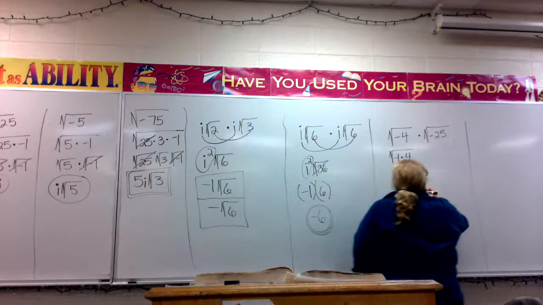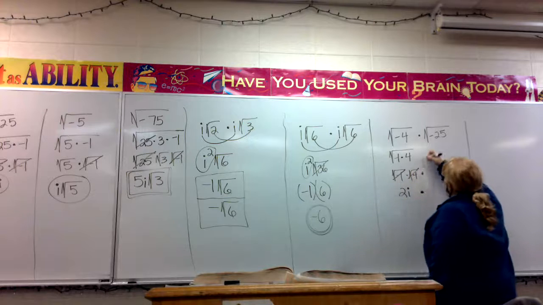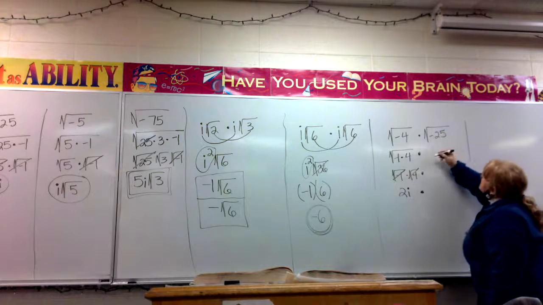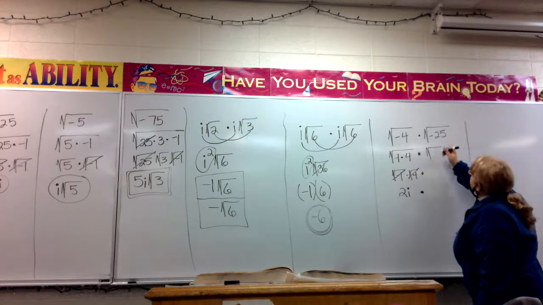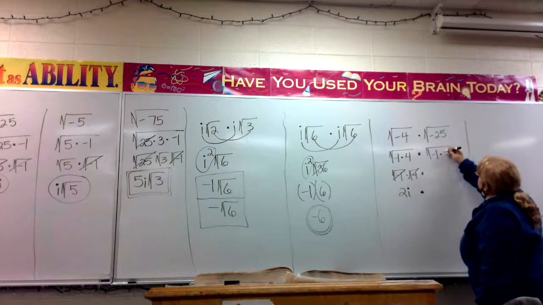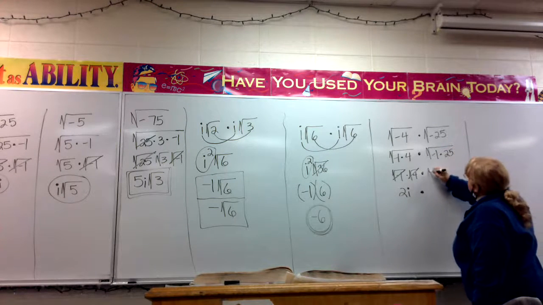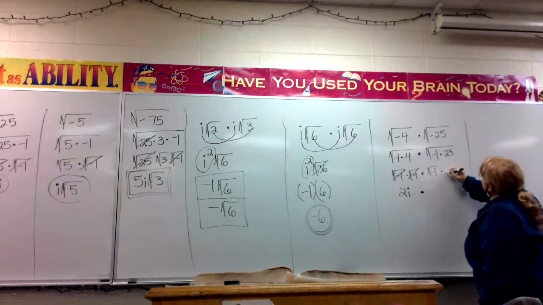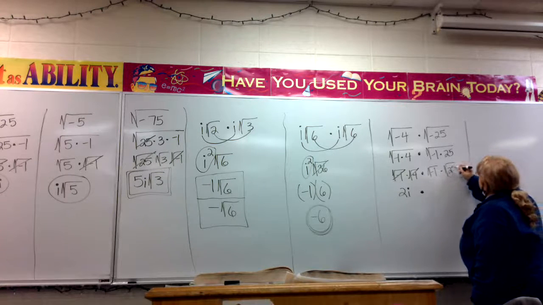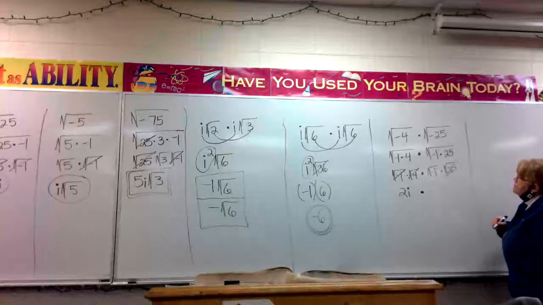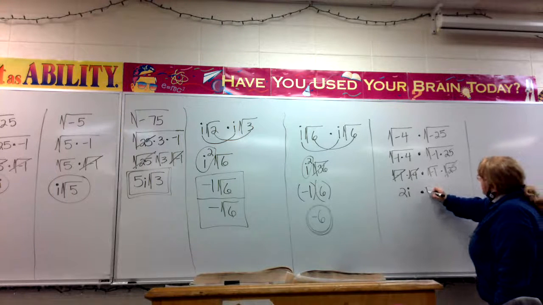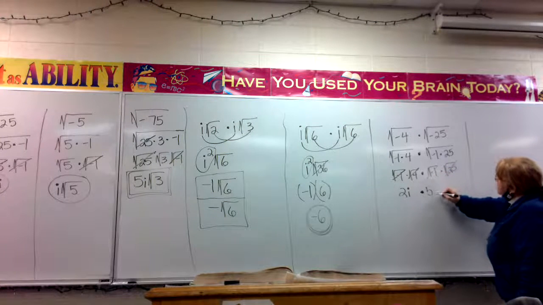And we're multiplying that. Same thing here. -1 times 25. Square root -1, square root 25. What's the square root of 25? 5. What's the square root of -1?